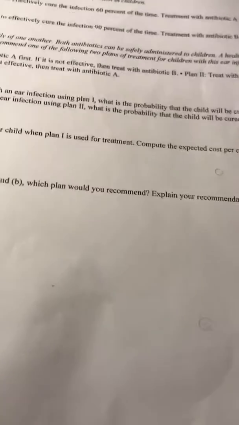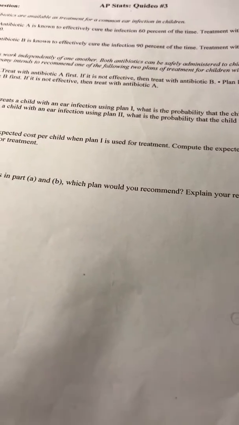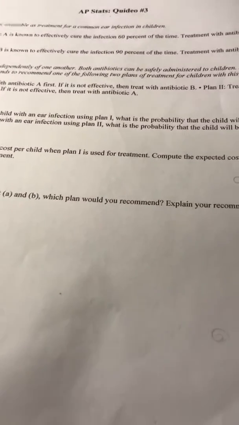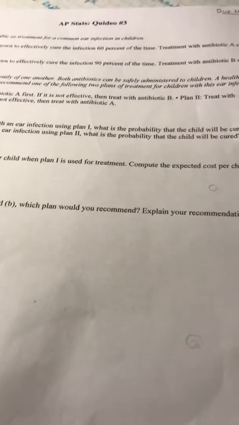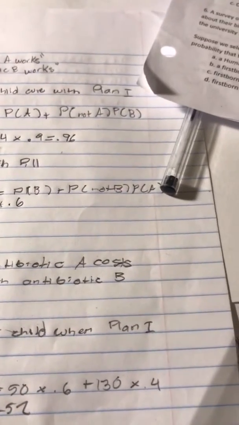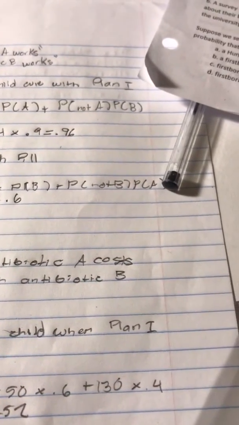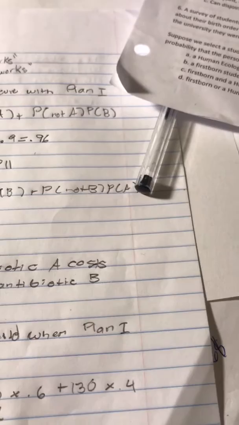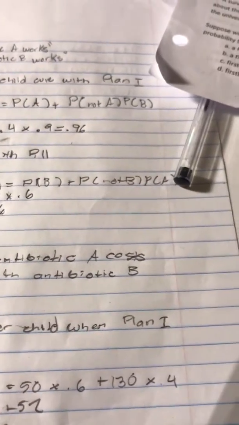Now, for question B, it asks, what's the cost per child when Plan 1 is used, and what's the cost per child when Plan 2 is used? So, to find that, you would need to take the cost of antibiotic A, which is $50, add that to 60%, which is the effectivity of antibiotic A working.